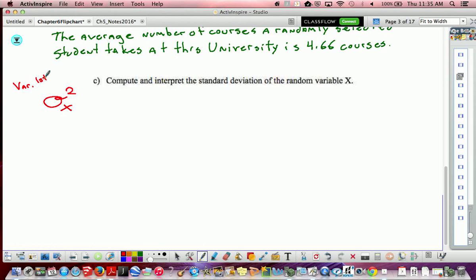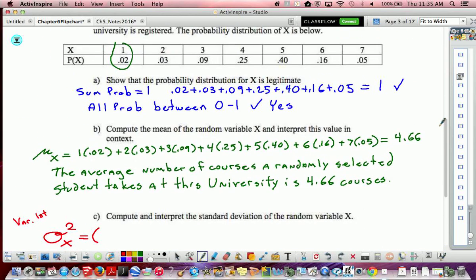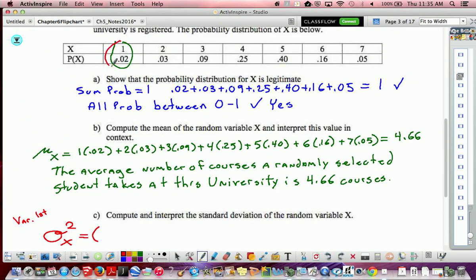So now, how do I calculate it out? Well, according to the rule, I take each x, subtract it from the mean, square it, and multiply it by its probability. So the first number in my table here was 1 with a probability of 0.02.